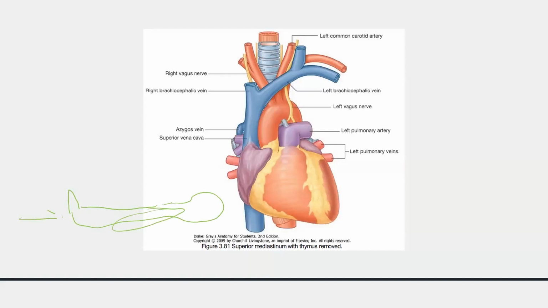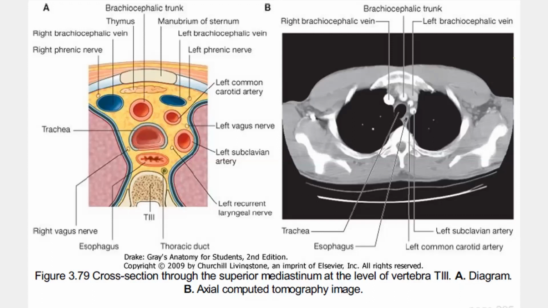So this is the foot end. CT pictures are taken from the foot end to the head end. So that way, this is the left side and this is the right side, right? So this shows the same structures.